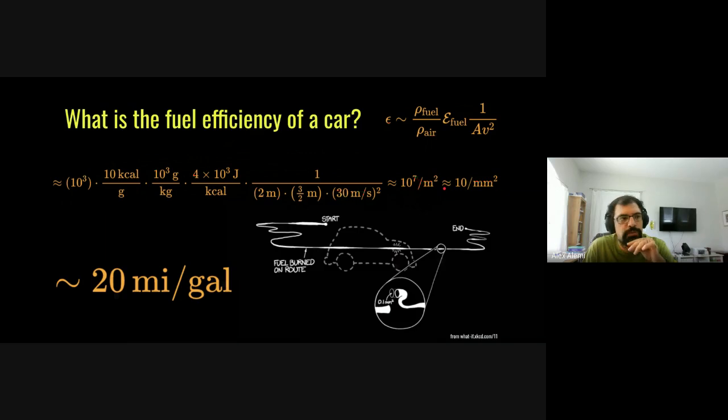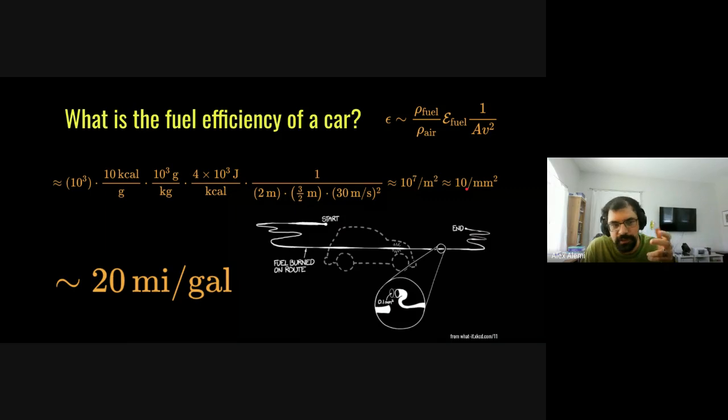Sort of a weird unit. Our answer was 10 to the 7 per meter squared, which is about 10 per millimeter squared. That's a weird unit, but it actually has an interpretation, which is neat. In America, we measure fuel efficiency in miles per gallon, but in Europe, they measure it in gallons per mile, right? Which maybe makes more sense.